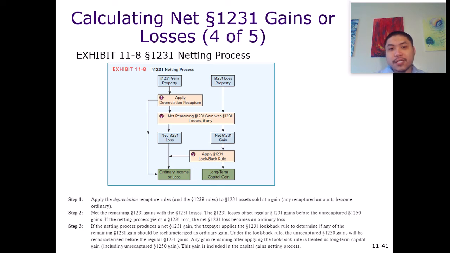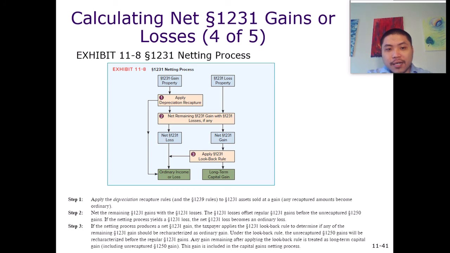Recall the tax planning strategy, right? We have the timing strategy. In the timing strategy, as taxpayers we want to accelerate tax deductions and defer, or postpone recognizing, income, to defer the payment of the tax, because of the time value of money, right?